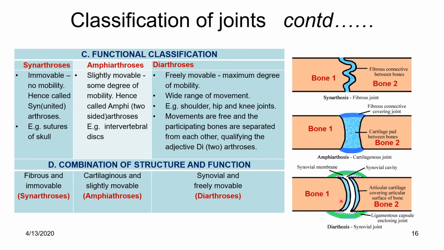See this picture. The two articulating bones are covered with articular cartilage and separated by a joint cavity, which is filled with synovial fluid. So this is the synovial and freely movable joint.